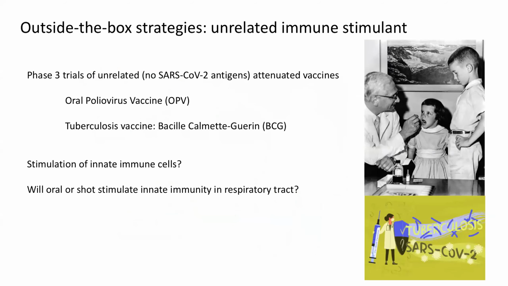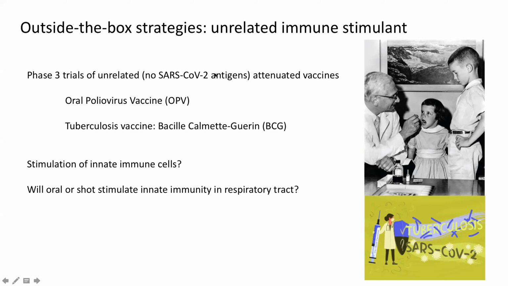And then the next out-of-the-box strategy is using attenuated vaccines for other, completely unrelated pathogens, as more of an immune stimulant. So these have no SARS-CoV-2 antigens in them, and they wouldn't induce any B cell and T cell adaptive immunity against SARS-CoV-2.